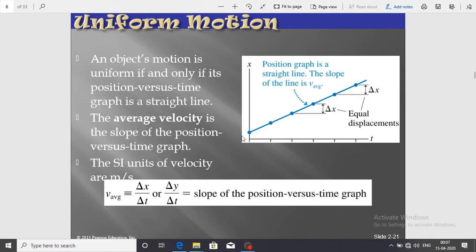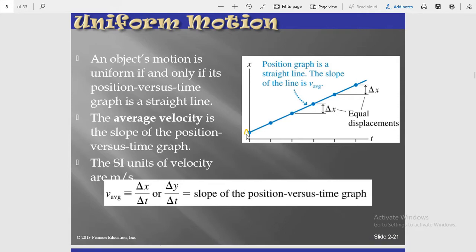Suppose this is point A. It started from point A. You can see in this interval of time it travels this much distance, then these intervals are equal, so it travels this much displacement.